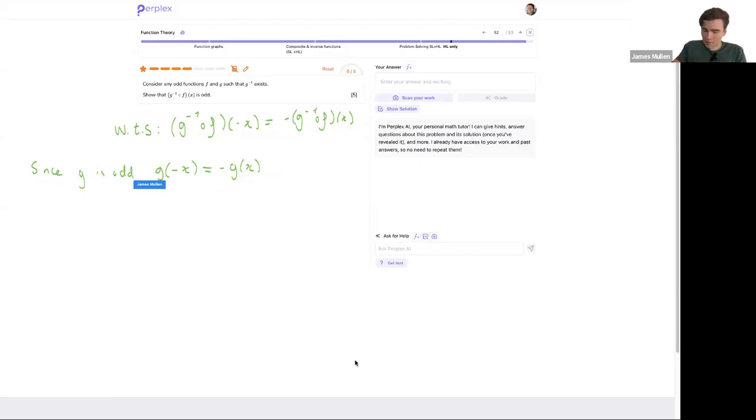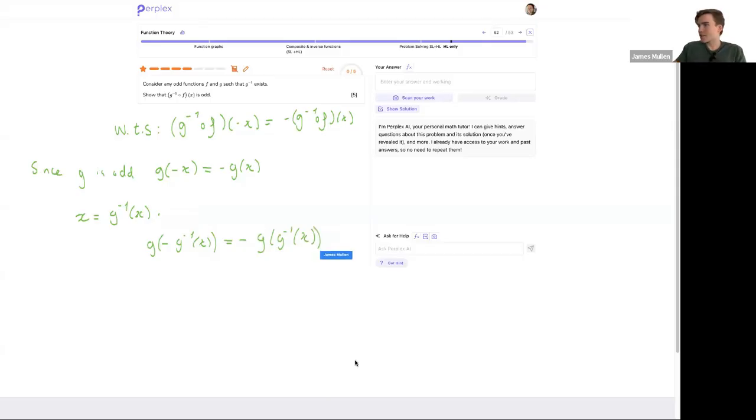Okay, and now what I'm going to do is substitute in for x. I'm going to say x is equal to g negative 1 of x. Or I'm not really going to say that x is that, but I'm going to plug that into the expression above. So g of g minus 1 of x is equal to negative g of g minus 1 of x.